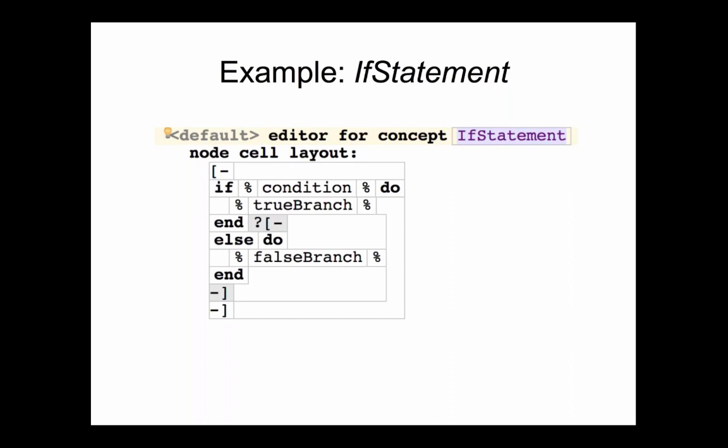It mimics the result. The if statement on the screen will be laid out in this way. We'll have a keyword if, then a place where the condition will be, and then the keyword do, and then on the next line, slightly indented, we'll start the true branch. And then on the next line, we'll have an end, and then else, which is optional, might not be there all the time.